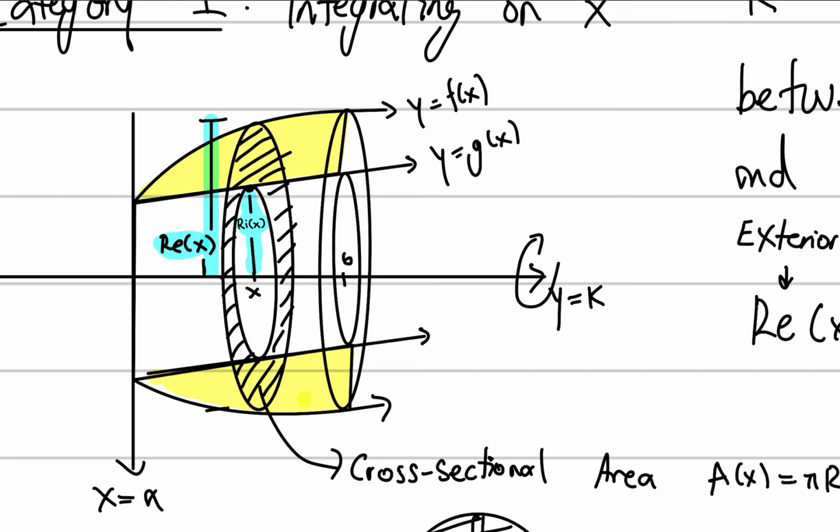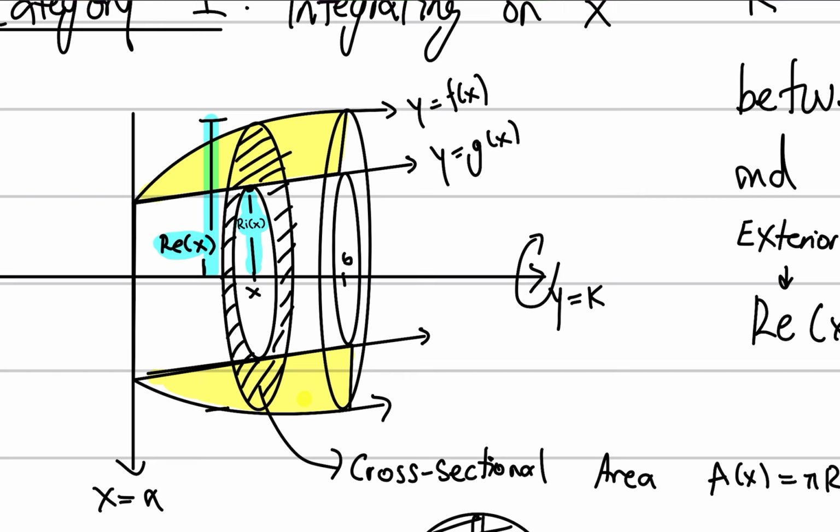The whole idea is that we're going to have a hole in the middle and a solid formed on the outside. This is the cross section I have at x. Remember, if we want to find the volume, we need to find the area of the cross section. This area is a difference of two circles.